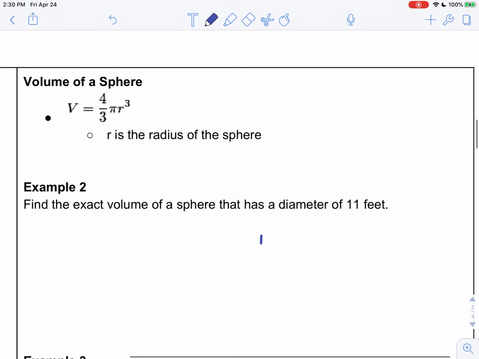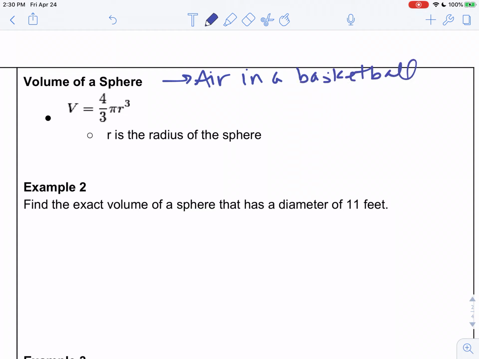All right, cruising along, volume of a sphere. Think about how much air it takes to fill up a basketball. So how much volume, how much stuff is fitting inside of that sphere? The volume of a sphere formula is 4/3 pi r cubed, where the radius is r. So on your calculator, if you want to type in 4/3, you might deal with 4 divided by 3.